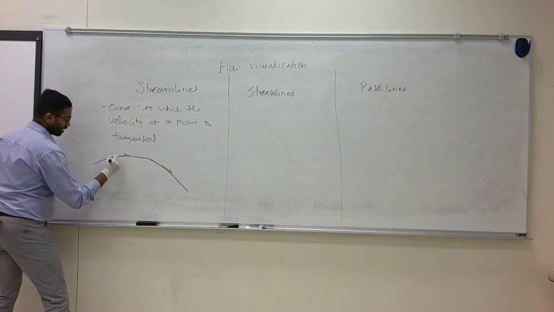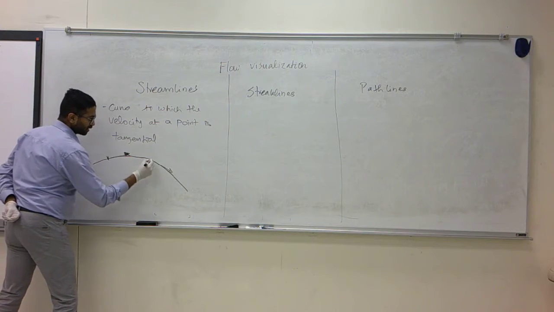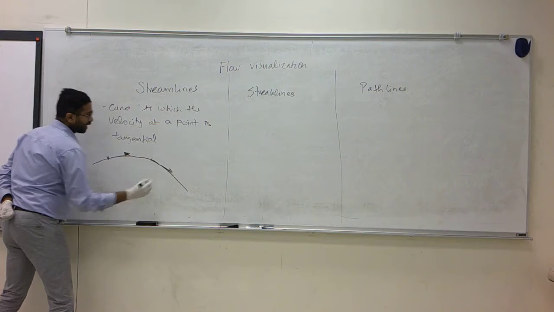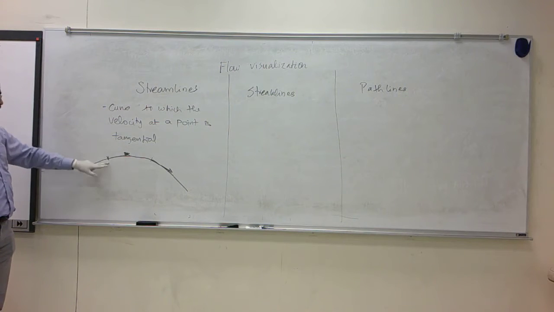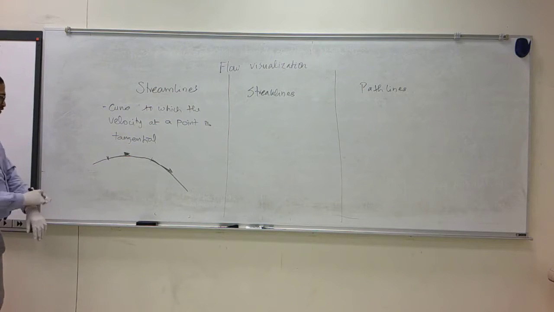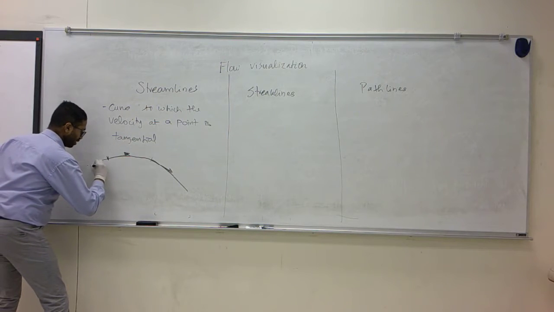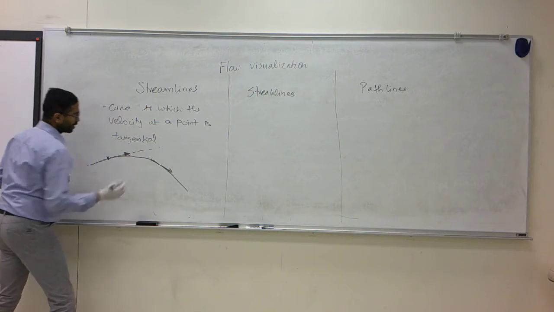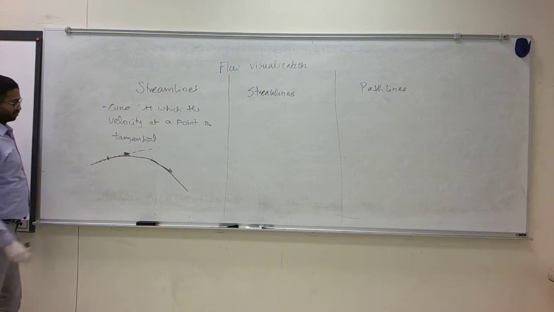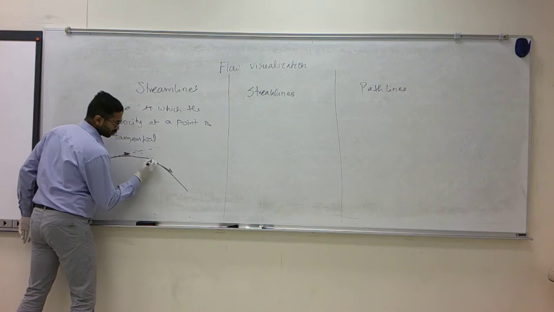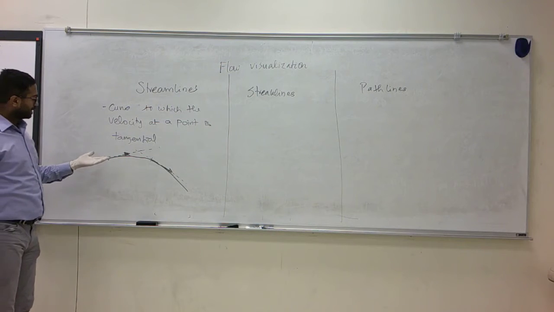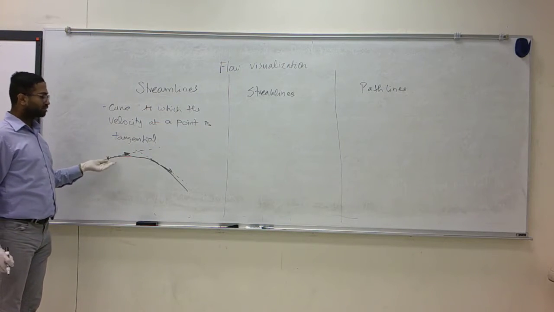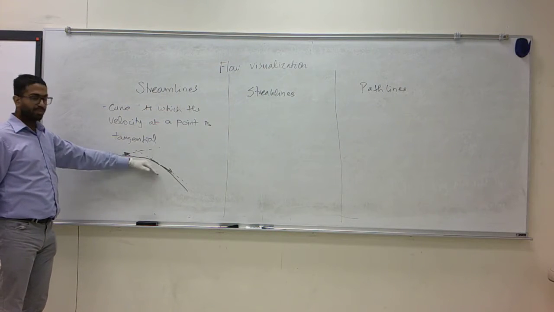If I were to draw a tangent to this curve at this point, the velocity would be parallel to that direction, to the tangent. Same thing at this point.